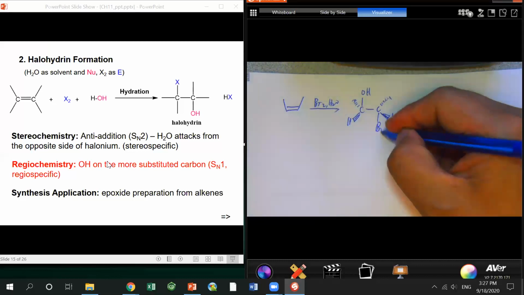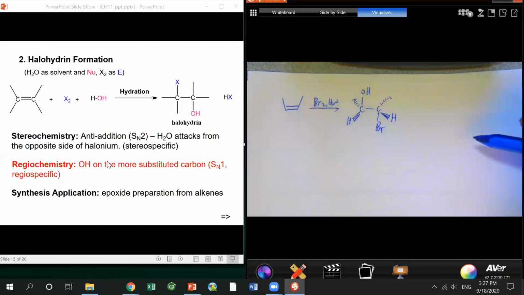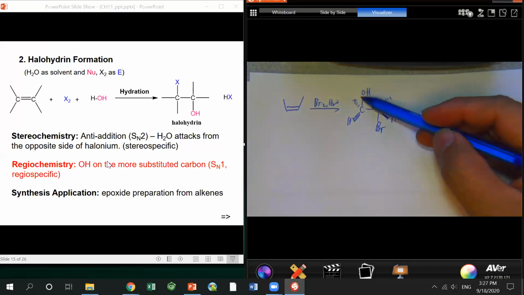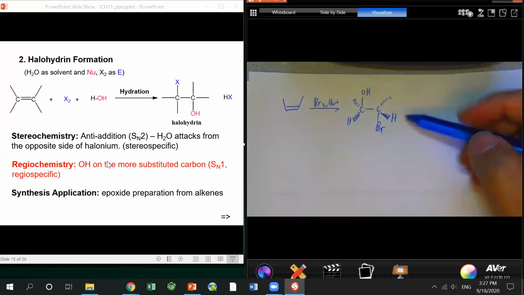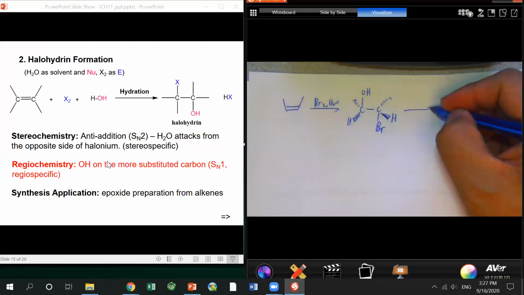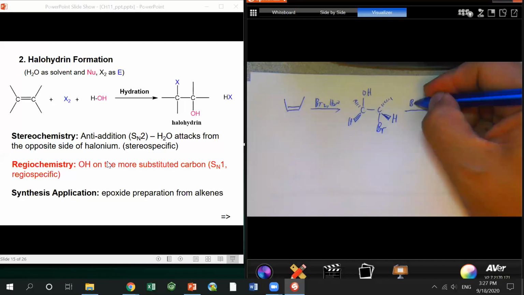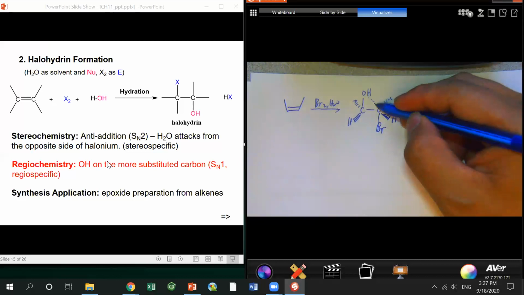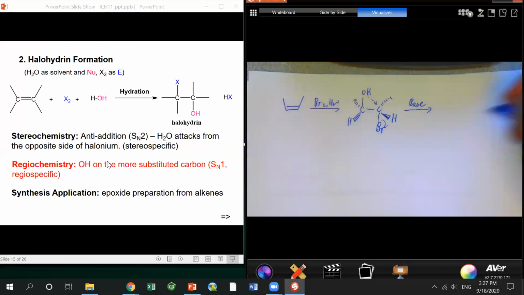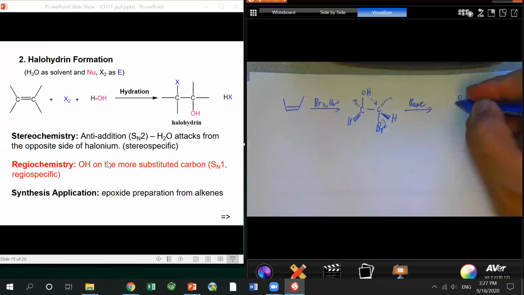But it is still anti-addition. Once this reaction is done, the nucleophile, this OH group, and Br are already in anti positions, so no problem, you can do an SN2 reaction. We can apply some base, like sodium hydroxide, to close the ring this way, and then you generate the epoxide.